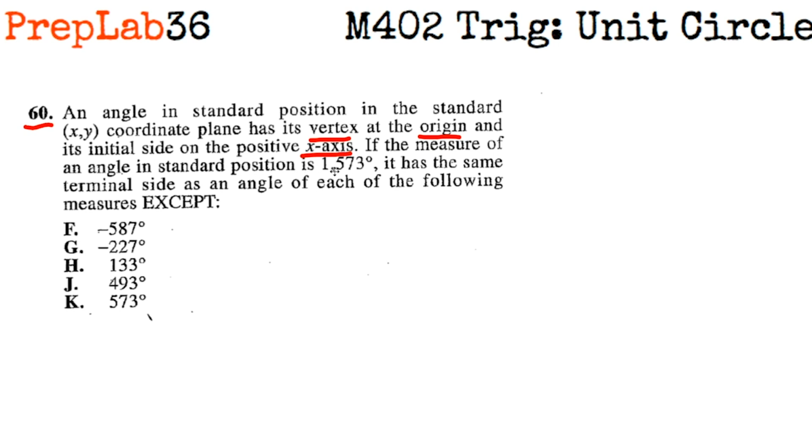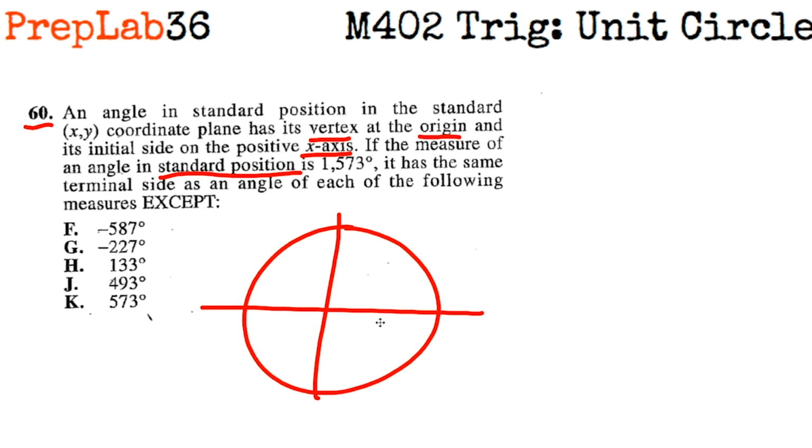The measure in the standard position, know that word, standard position, meaning standard being an angle that comes up counterclockwise from the x-axis. It says it has an angle of 1,573 degrees.